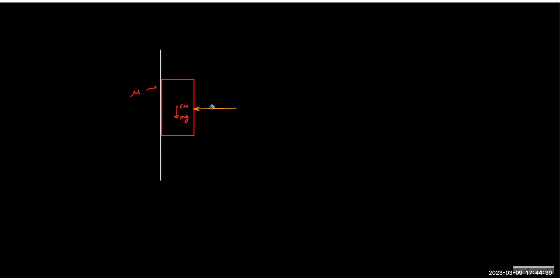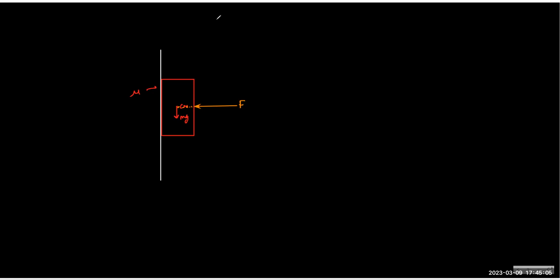First of all, I will be pressing this brick exactly at the center of mass. So, what is the torque due to the force F? Zero. And the torque due to the gravity force mg is also zero, because we are talking about torque about the center of mass.